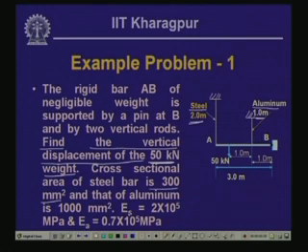The modulus of elasticity of steel, E suffix s, is 2 into 10 to the power 5 megapascal and the modulus of elasticity of aluminum is 0.7 into 10 to the power 5 megapascal. We will have to find out the vertical displacement of the point from where the 50 kilonewton weight is hung.